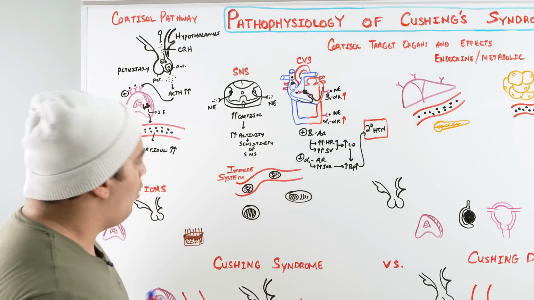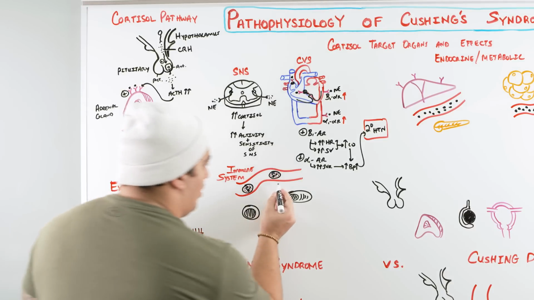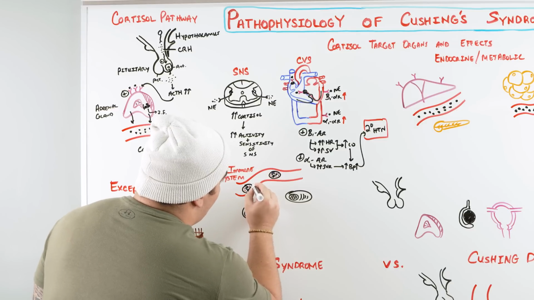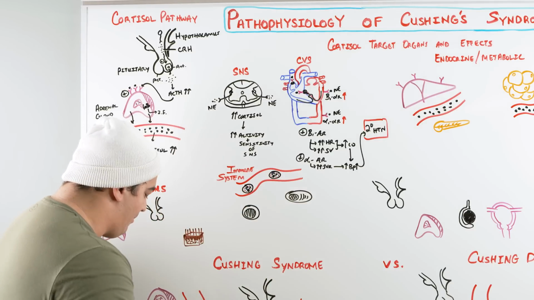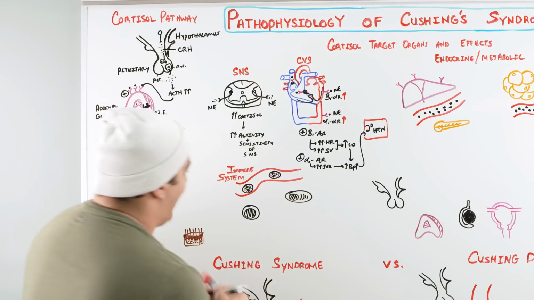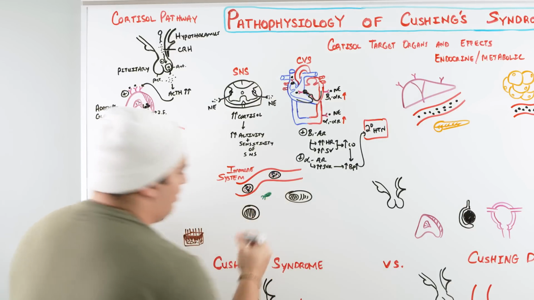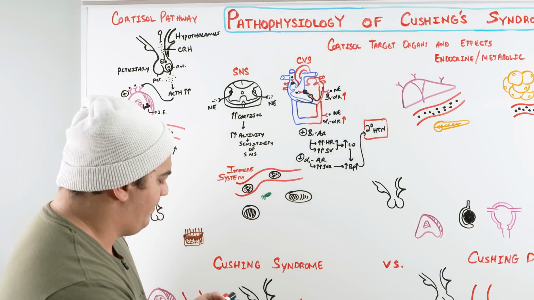Okay, what else can high cortisol do? You know what else this son of a gun can do? High cortisol is a son of a gun to our immune system. So you know neutrophils. Neutrophils are supposed to do something called margination. So let's say, for example, there's a pathogen out here. I have an infection of some sort, a pathogen in my body.